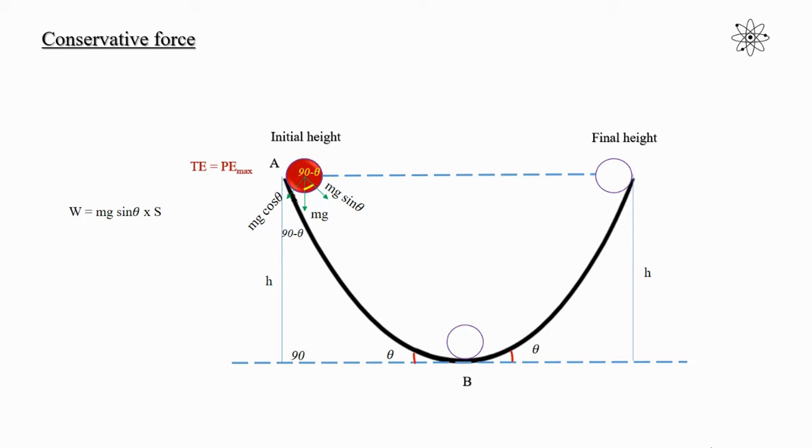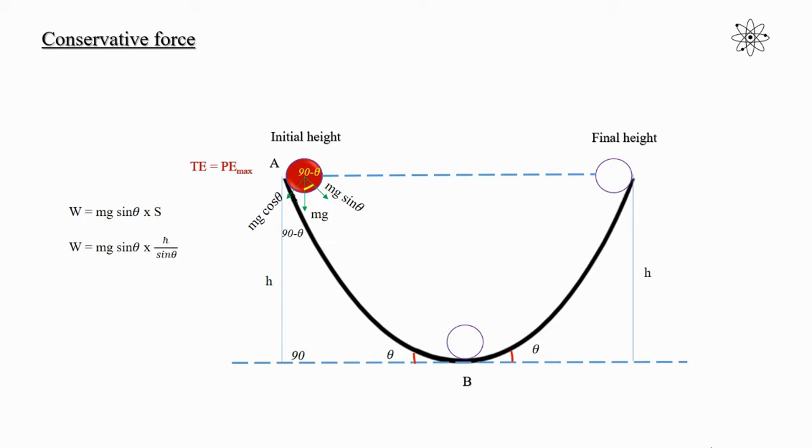The reason is that the component mg cos theta is perpendicular to the direction of displacement. Hence, the displacement is perpendicular to the force. In that case, work done is zero. So the only component responsible for the motion of the ball from position A to B is mg sin theta.